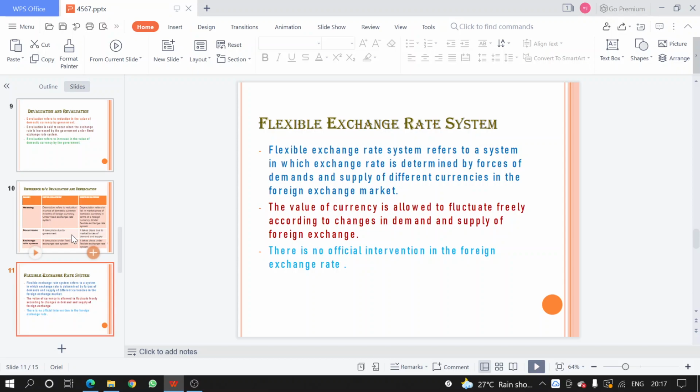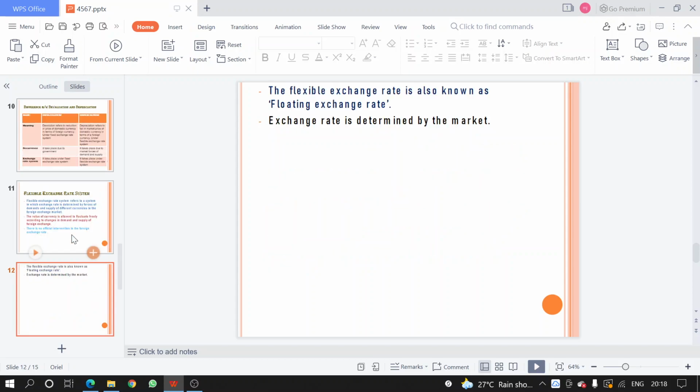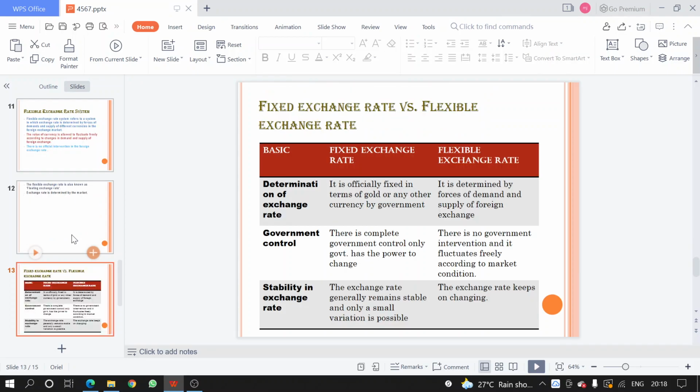There is no official intervention in the foreign exchange rate, as it is totally in the hands of the market. The flexible exchange rate is also known as the floating exchange rate. The exchange rate is determined by the market forces, that is demand and supply.